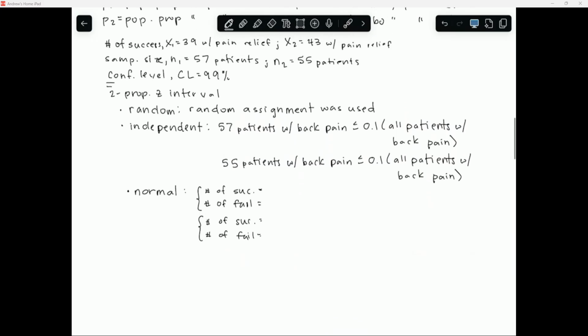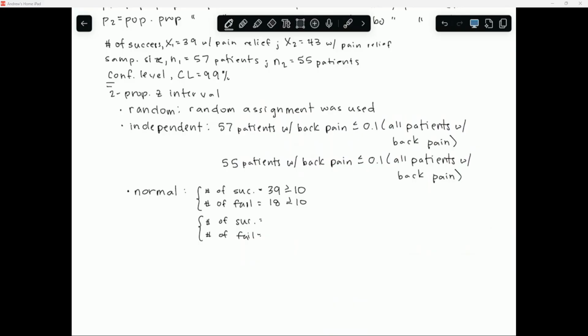So for sample group 1, we had 39 successes out of 57 patients. So 39 is greater than or equal to 10. I'm happy. 57 minus 39 would be 18, which is also greater than or equal to 10. So sample 1 clears that bar.